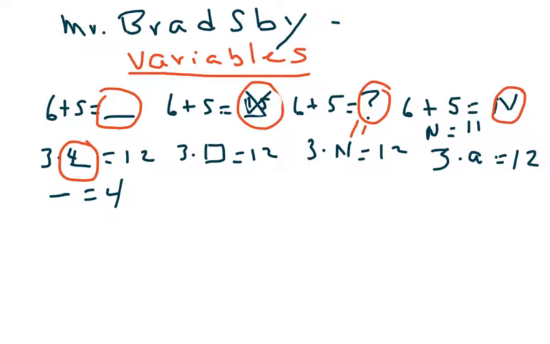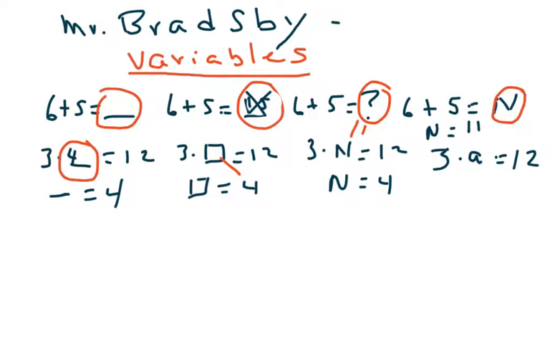Here 3 times square is 12. Well, what would the square have to equal? 3 times 4 is 12, so the square would have to be 4. Okay. 3 times n is 12. What would n be? Well, 3 times 4 is 12. It makes no difference.